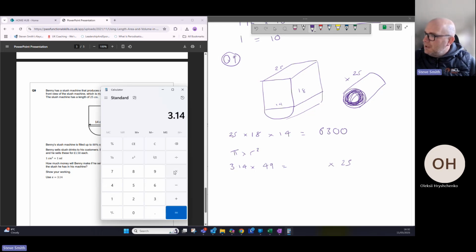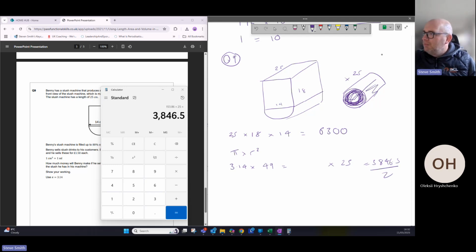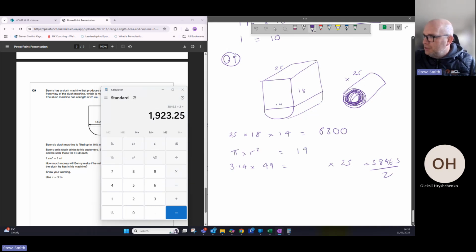3.14 times 49 times 25 equals 3846.5. Then we've got to divide that number by 2, because we only want half of that. So that part is 1,923.25.